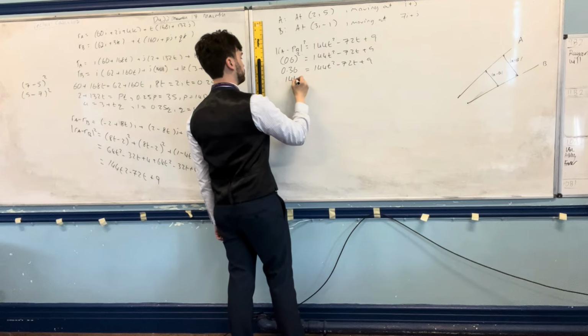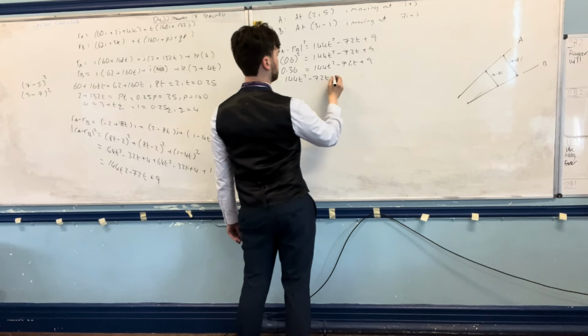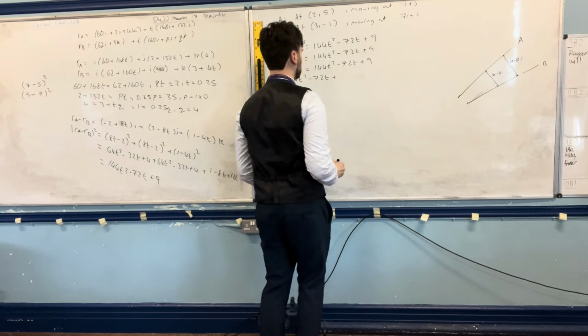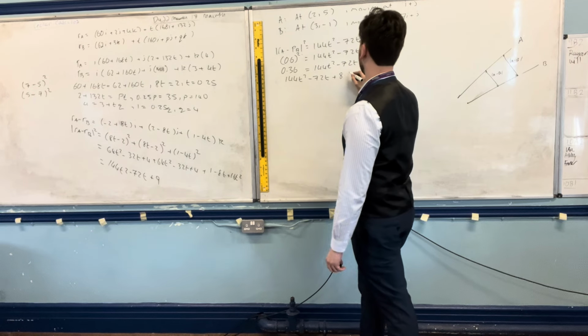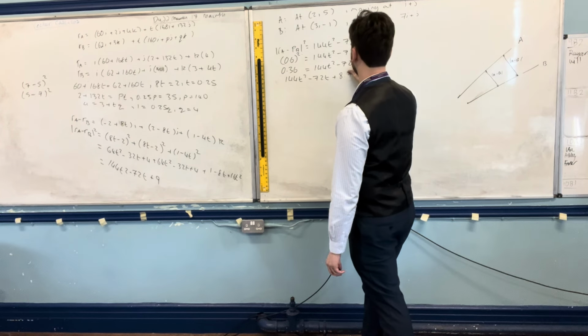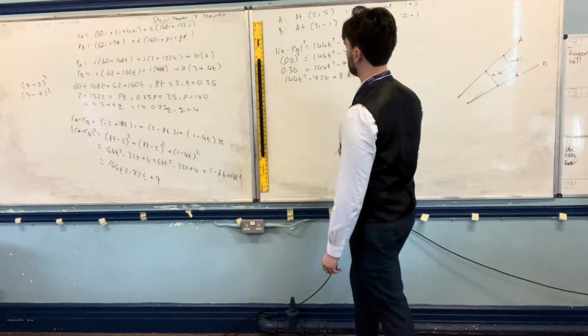So we have 144 t squared minus 72t, and then plus 9 take away 0.36, so that would be 8.64. Okay, and that equals 0.